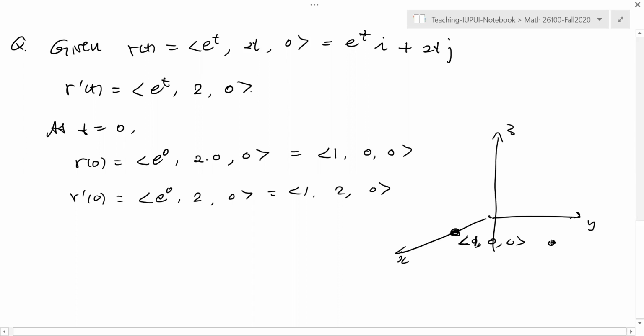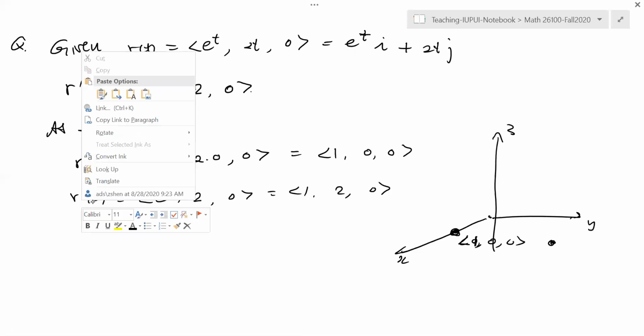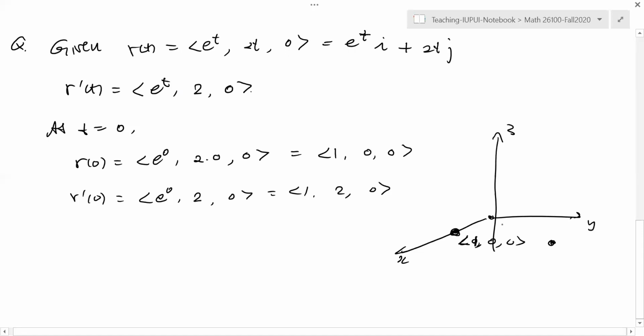So if you draw the vector r'(0), the starting point is from the origin. I'm going to draw the vector using red color, okay? So 1 and 2, so 0. This is the vector 1, 2, 0. But we're talking about the tangent vector, right? So you can move it to this side, okay? So this is the r prime.